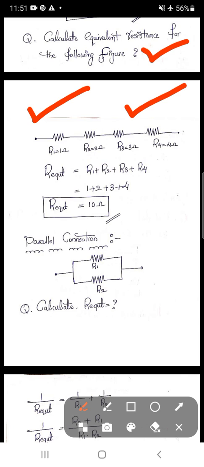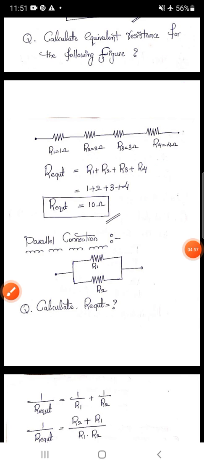We know that whenever resistances are connected in series, we can directly add all the values of resistances. So R equivalent is equal to R1 plus R2 plus R3 plus R4. By substituting the values, R1 is 1, R2 is 2, R3 is 3 and R4 is 4. By adding all these values we get R equivalent equal to 10 ohms. So this type of connection we call a series connection.